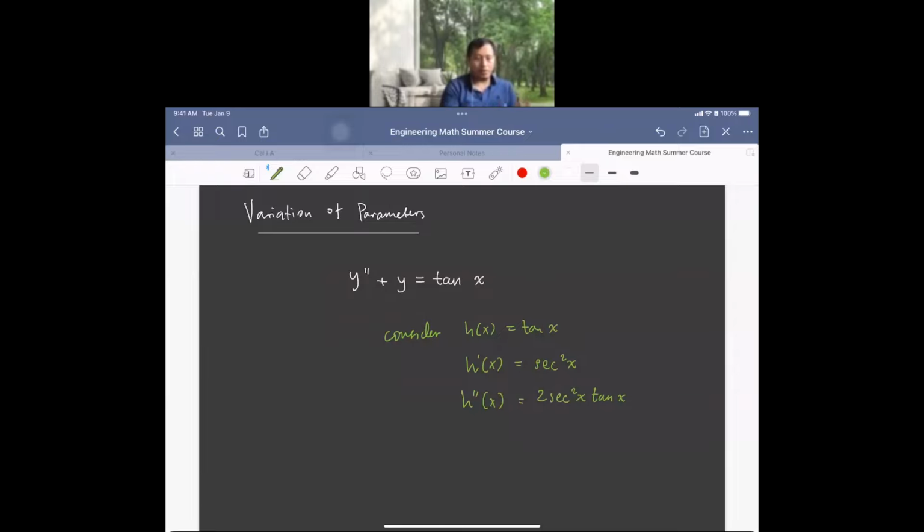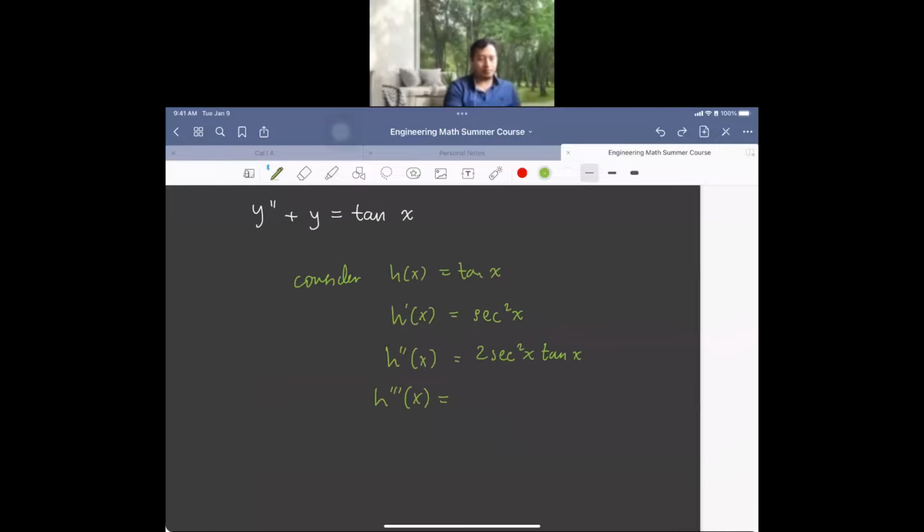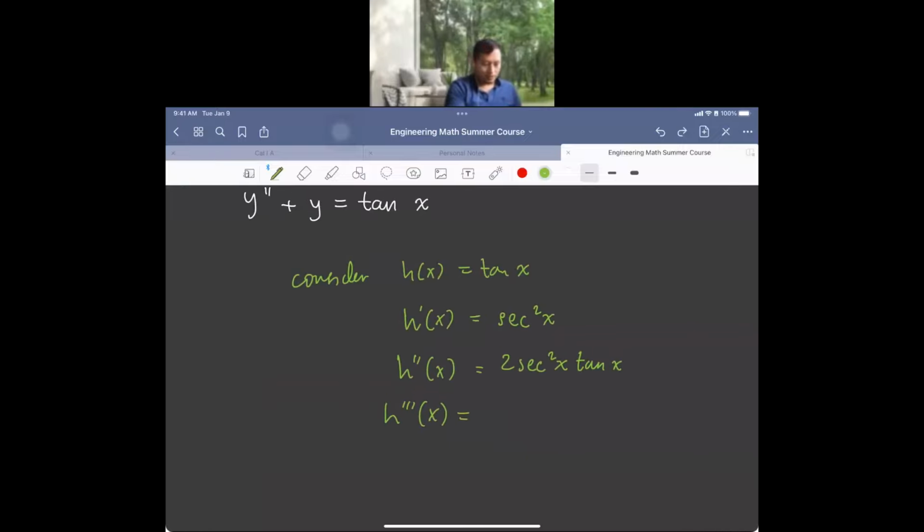If you try to differentiate again, it becomes a product rule, right? Let's say the third derivative. The tangent becomes secant squared, secant cubed, and then secant fourth. So we will have 4 secant squared x tangent x, right?